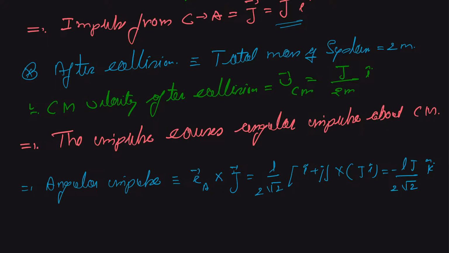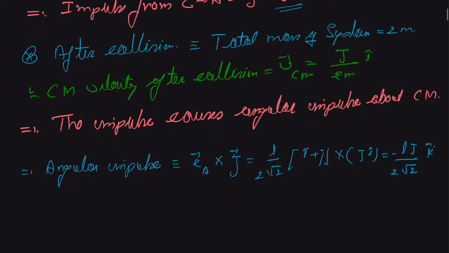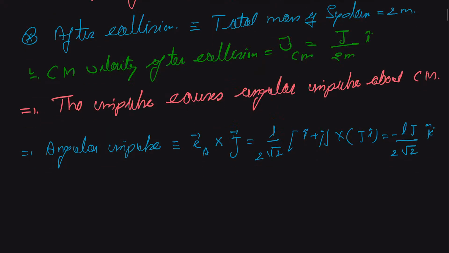We are only interested in the magnitude part, so its magnitude can be given as LJ over 2 root 2.